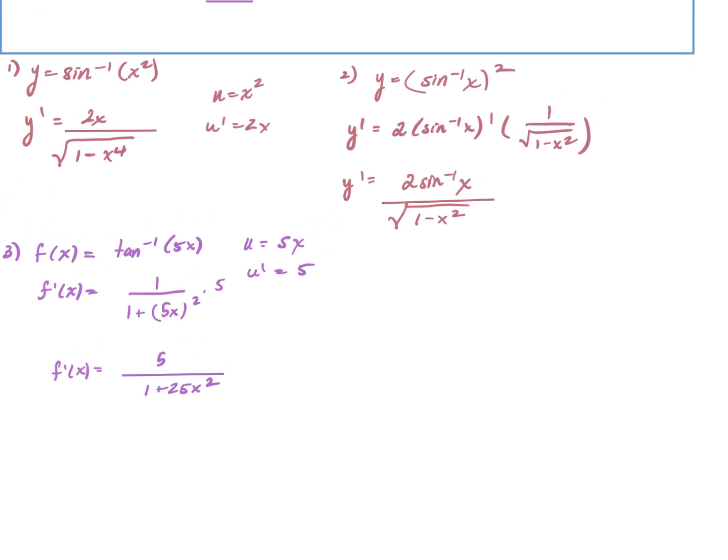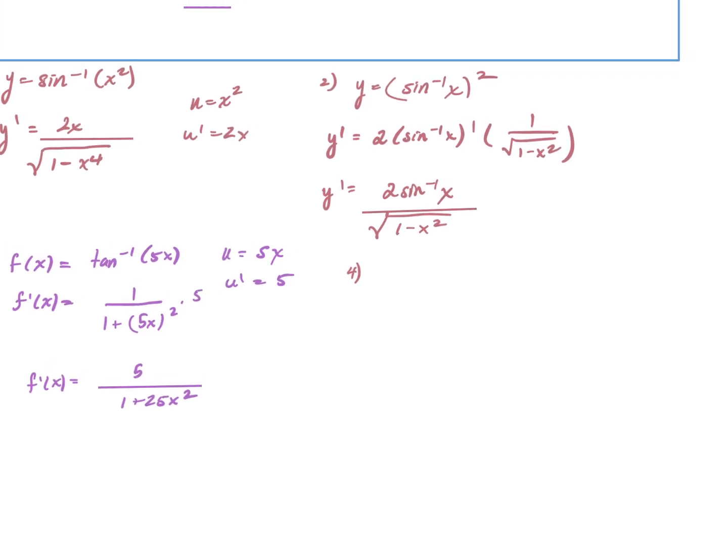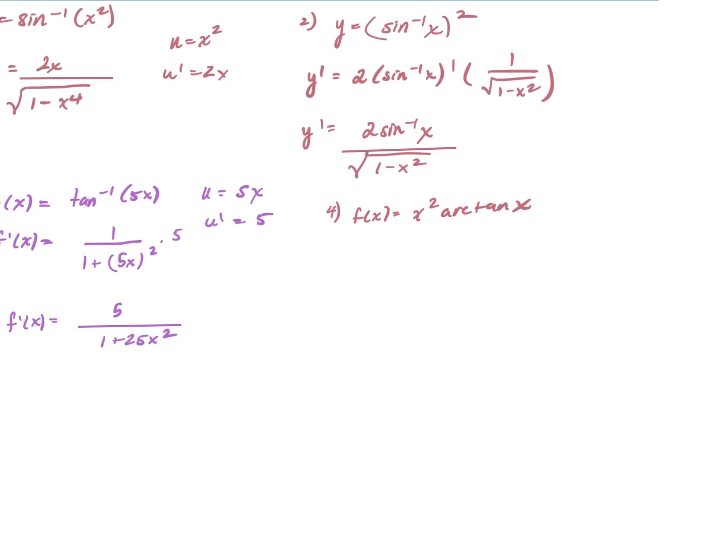All right, for 4, which is actually D on the homework, we're going to do a product rule. So f of x, we're going to get x squared, and then arc tan of x. Okay, so f prime of x, it's going to be the first times derivative of the second.